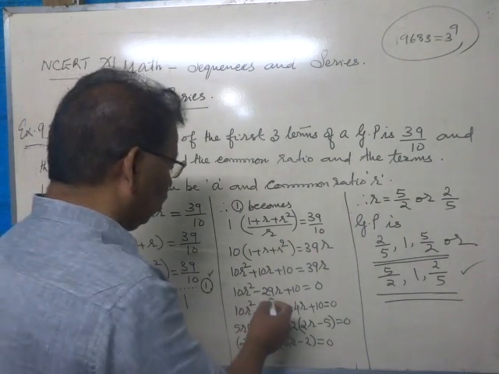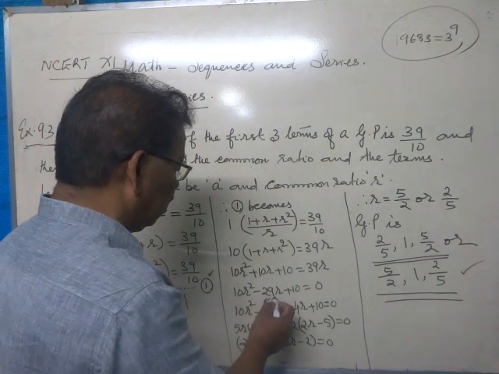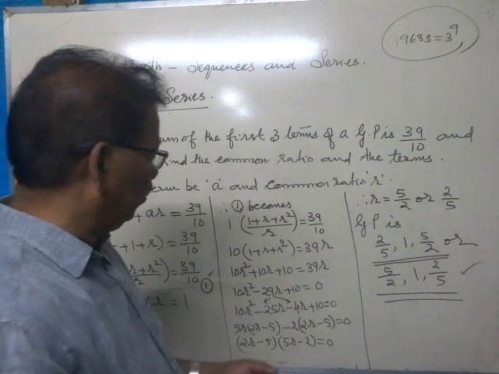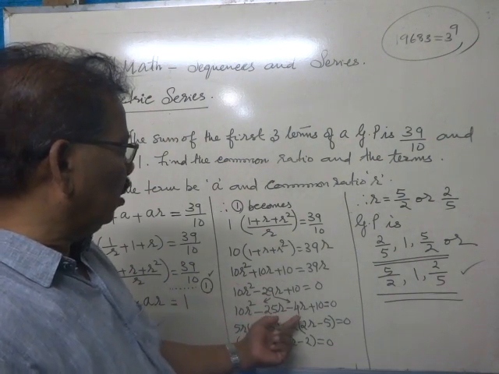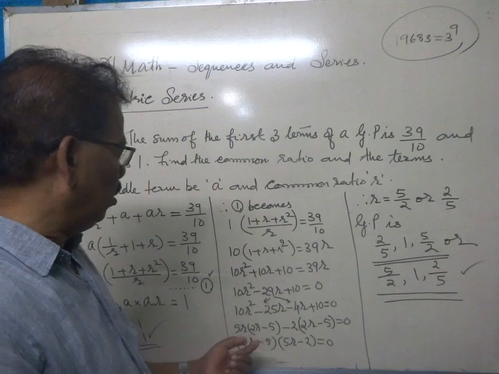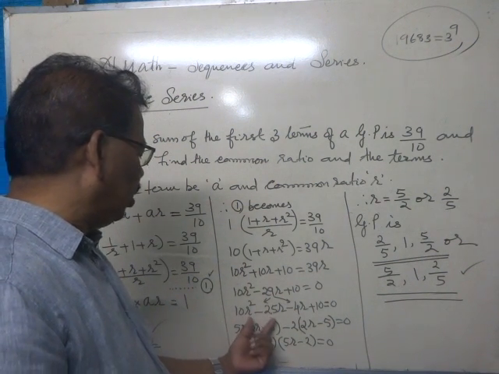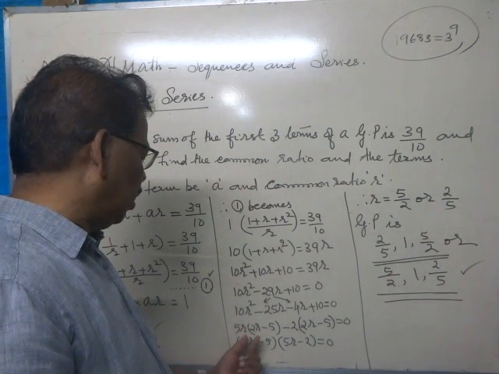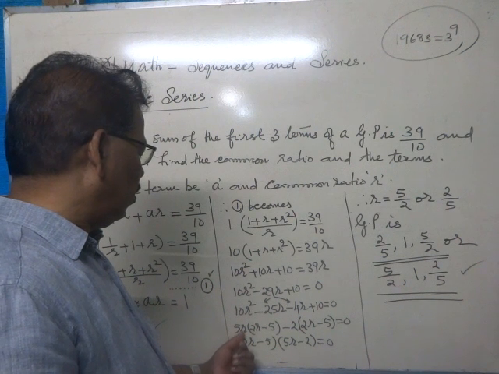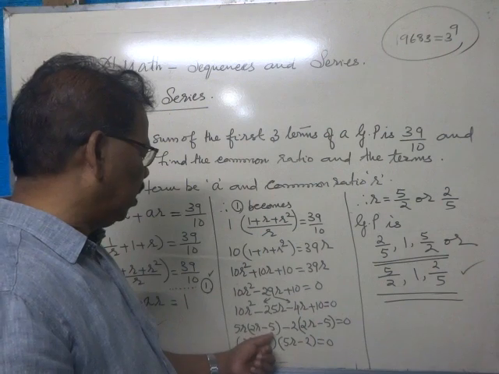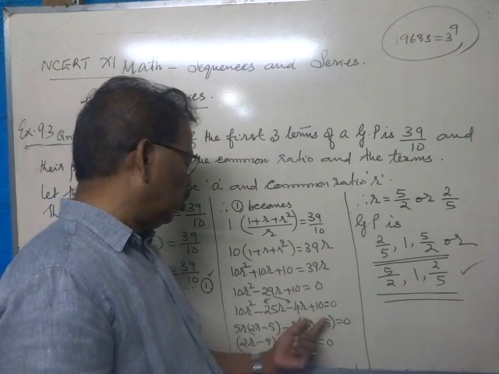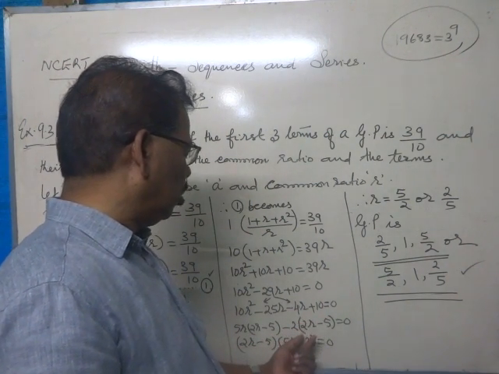Now this negative 29 is split as negative 25 plus negative 4. Now grouping these two, 5R is a common factor. Then 10R square divided by 5R is equal to 2R. Here it is minus 5. And grouping these two, we can take minus 2 out.